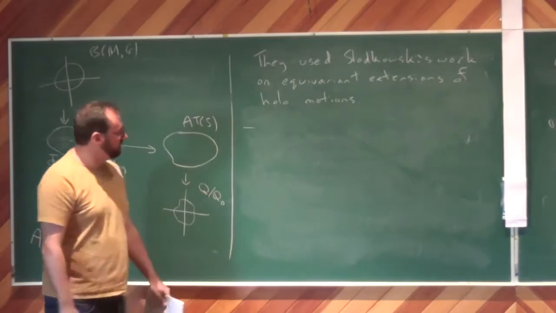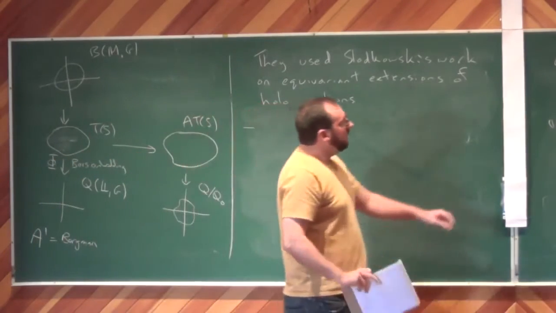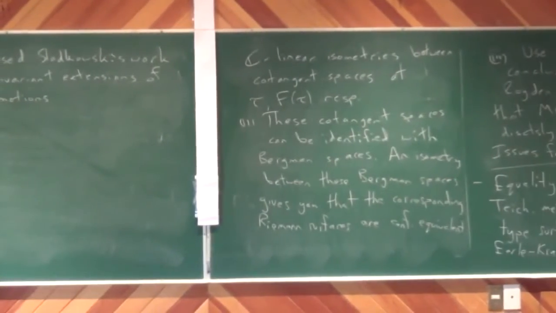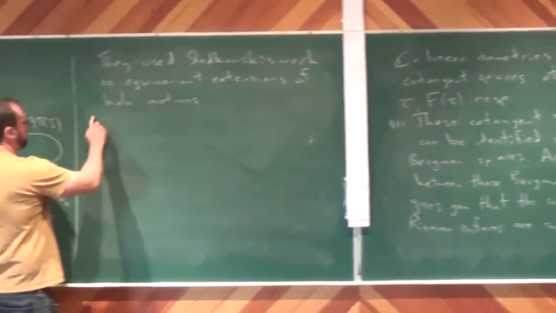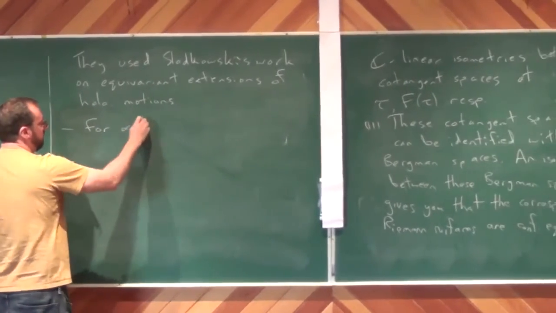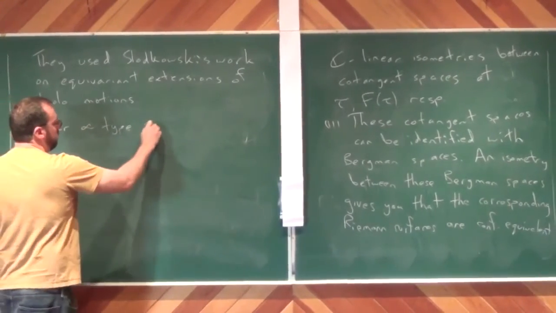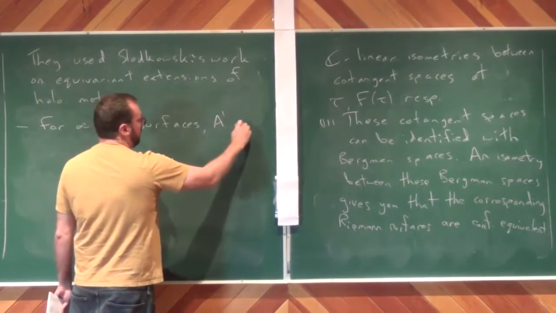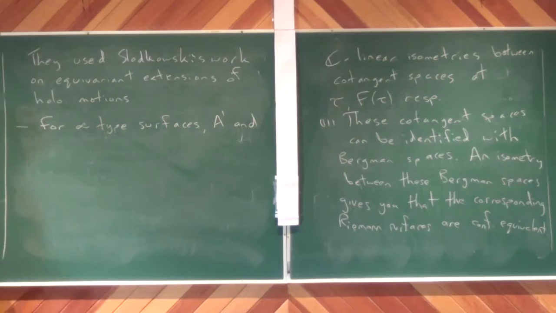Okay, the next issue is that here you could pass from the tangent space to the cotangent space straight away because they're the same, but for infinite type surfaces the L1 integrable quadratic differentials and the quadratic differentials with the hyperbolic supremum norm don't agree.